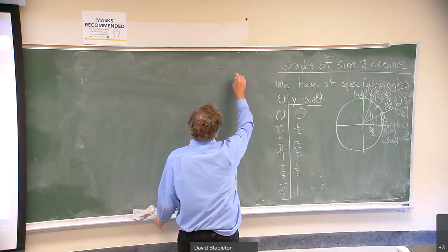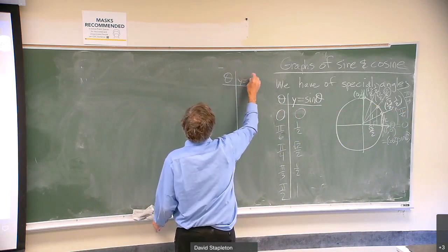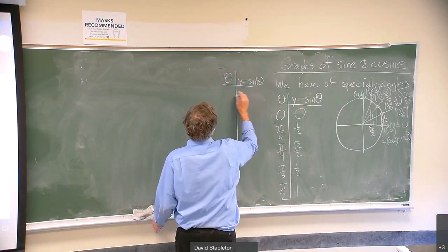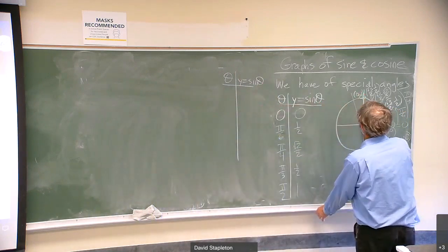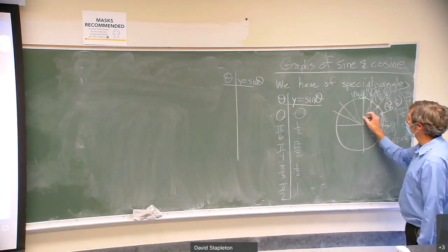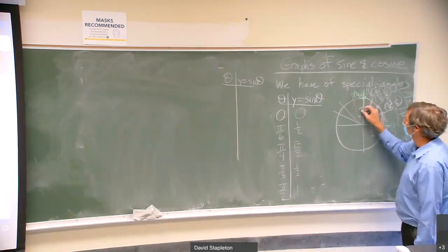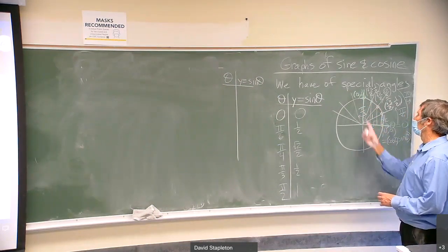So let's continue. Suppose I put special angles past here. What 3 angles come in here? Well, this angle right here is 1/3 of the way through.